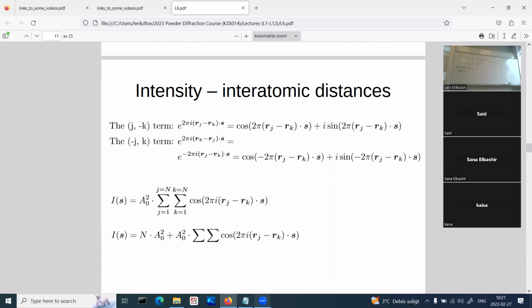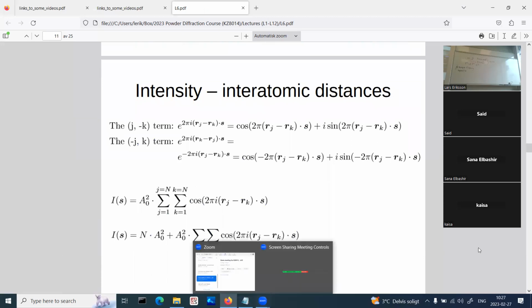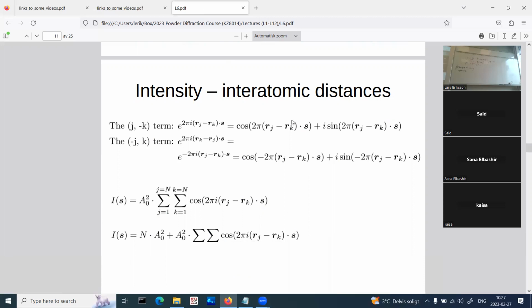The intensity is related to the atomic distance. If we have the JK vector, and we make it opposite, then the sine terms will cancel, because sine of minus something is the opposite.